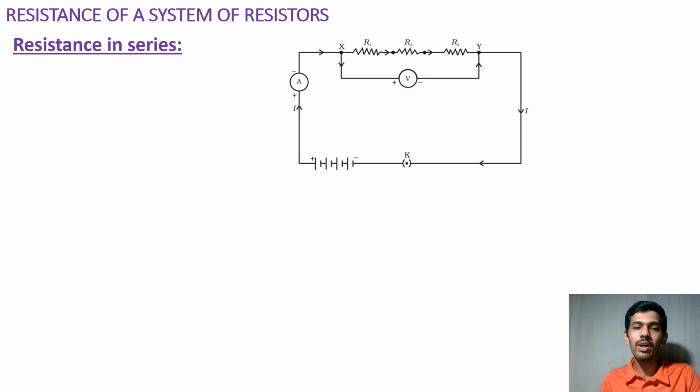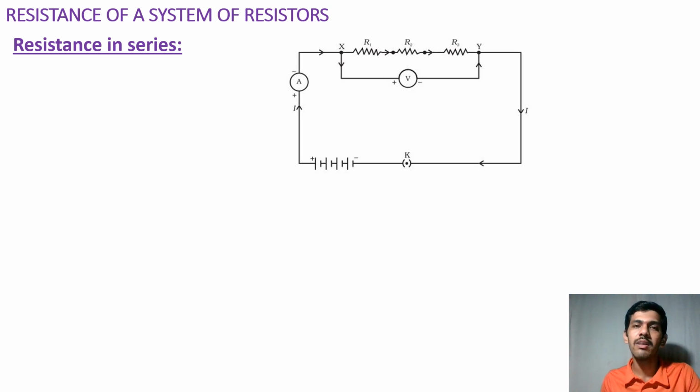According to Ohm's law, V is equal to IR. Before applying Ohm's law, we alter the positions of the ammeter and voltmeter for different trials.